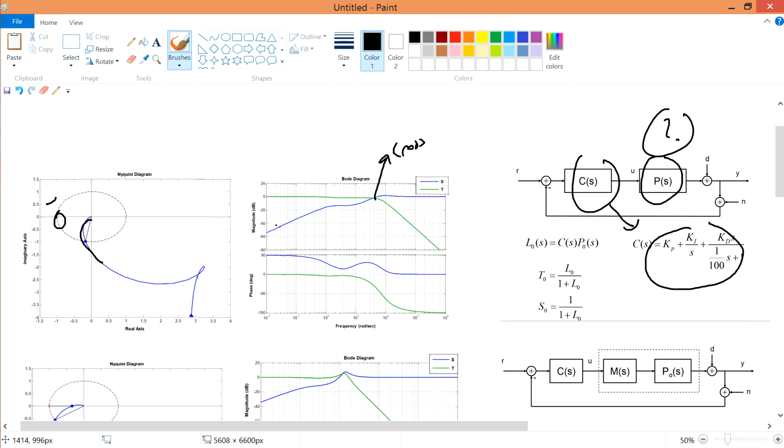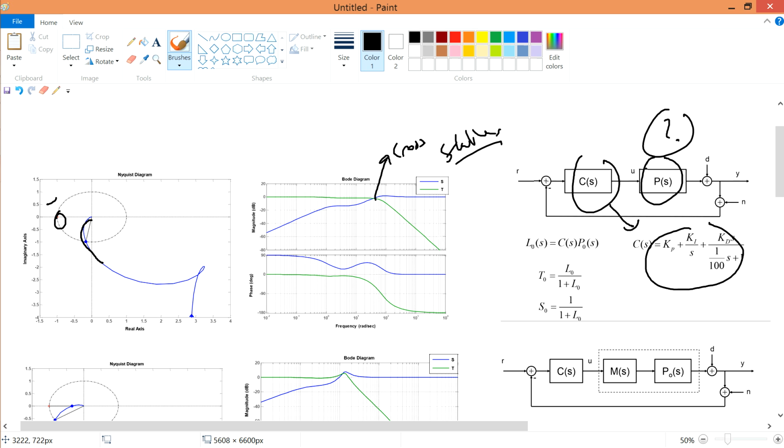If you remember, this blue one is in fact the S, while the green one is the T. S is a high pass, T is a low pass. So when you add them together, you have not quite a filter, but rather a signal that is pretty much constant. In other words, also stable.